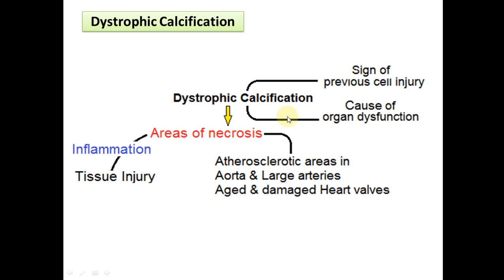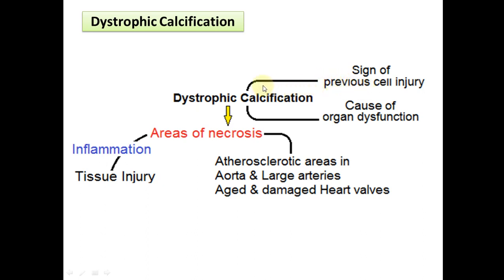Dystrophic calcification we usually see during routine investigations, particularly when we take an X-ray of a person with previous pulmonary tuberculosis, we may see calcified lymph nodes. By itself, dystrophic calcification is mostly a sign of previous cell injury.